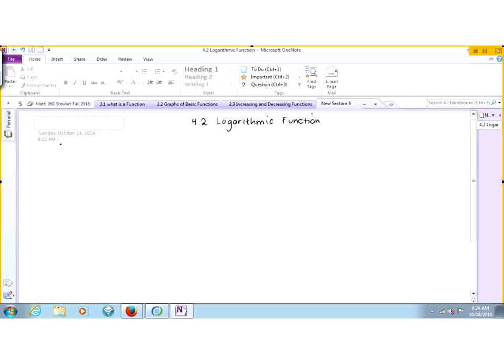So the log function with base A, denoted by log base A of x equals y, is equivalent to A to the y is equal to x.